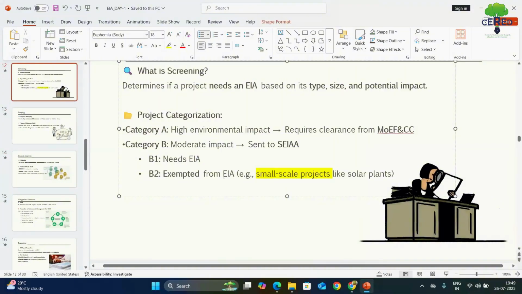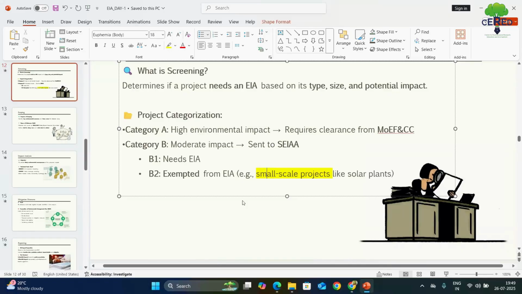First of all, category B, when we screen the project based on type, size and potential impact, then we categorize the project first in two categories. High environmental impact goes to category A and requires clearance from central, and for moderate impact we go to the state environmental impact assessment authority, where category B is again screened into B1 and B2 category.